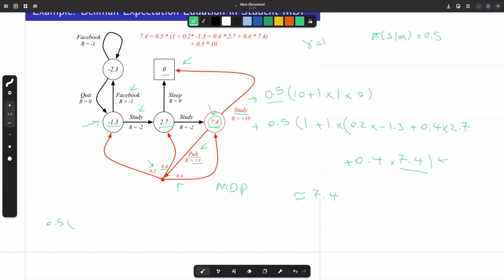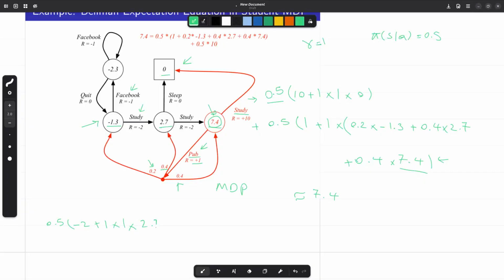if I choose this action, I would get -2 reward, so the immediate reward, plus my discount factor, which is 1 in this problem, times the probability of going to the next state. The probability of going to the next state here is 100% or 1. So with 100% probability, I go to the next state, and the value of the next state is 2.7.